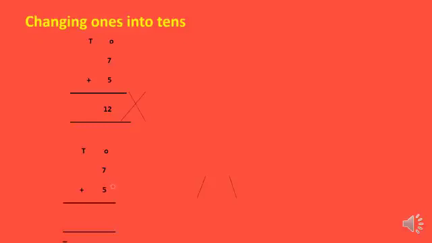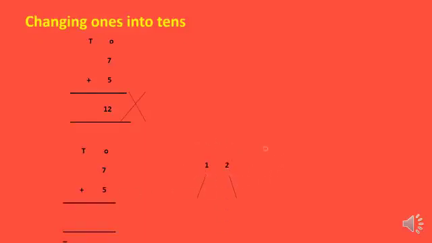So we'll do the sum here again. 7 plus 5. 7 in your mind, 5 in your hand. Open 5 fingers, children. Okay, 7, after that 8, 9, 10, 11, 12. So we'll get the answer 12. Okay?